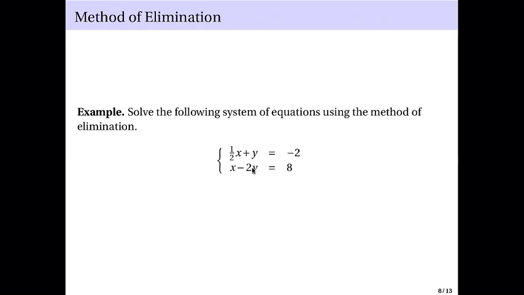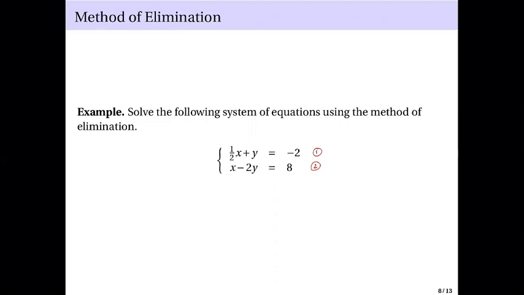We will use both equations and work on both equations at the same time. So for example, let us still label this equation 1 and equation 2.